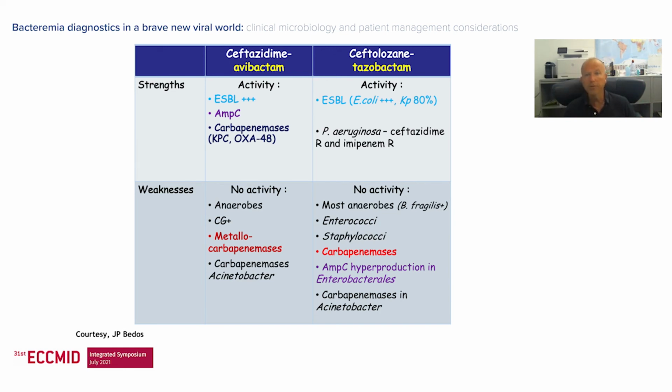But for ESBL producer, we have very good activity of those drug combinations, and we have also good activities against some Carbapenemase producers for cefta-avi. The weakness is that there is no action against metallo-Carbapenemase producers and also for Carbapenemase producer Acinetobacter.